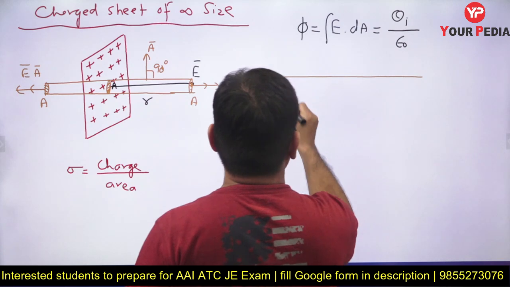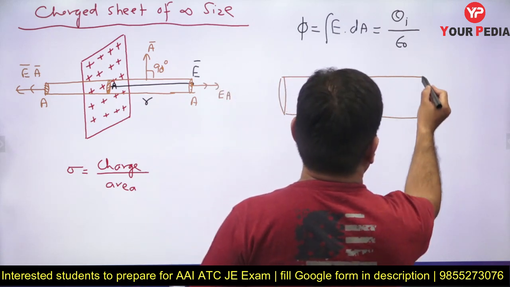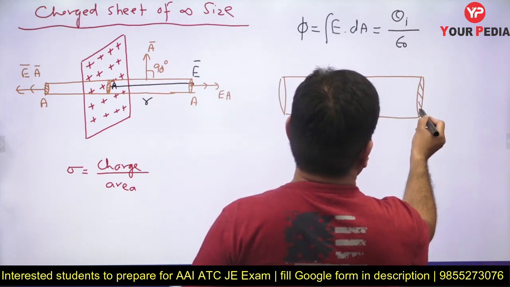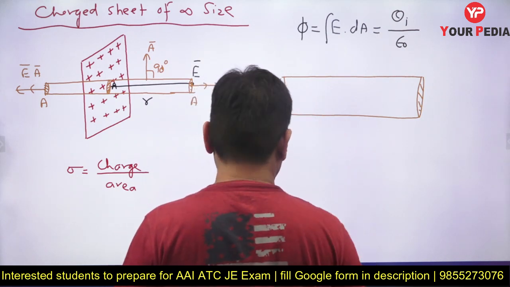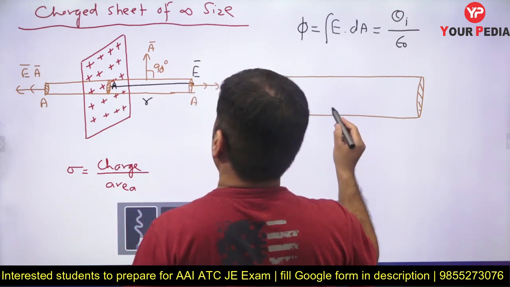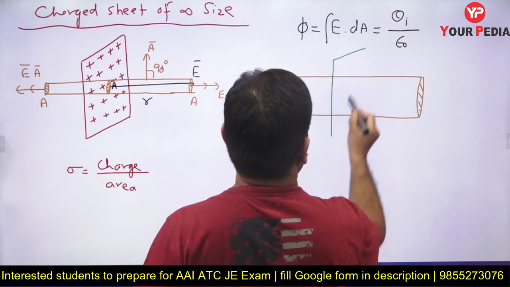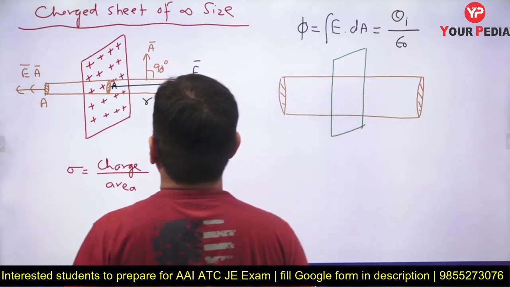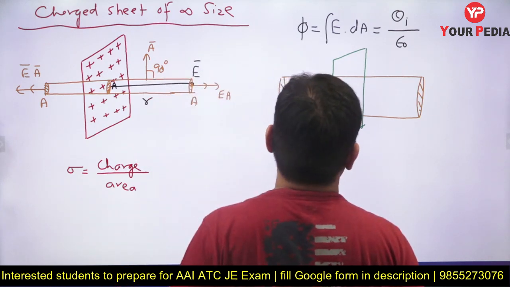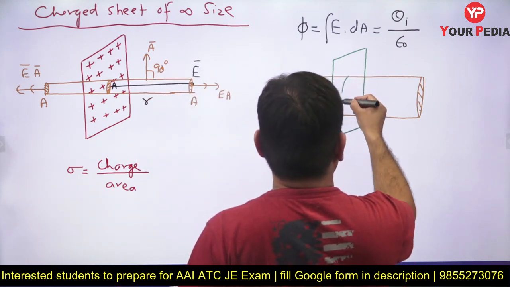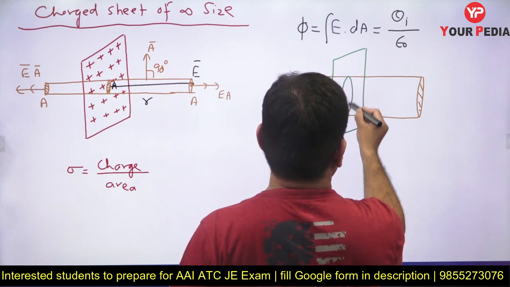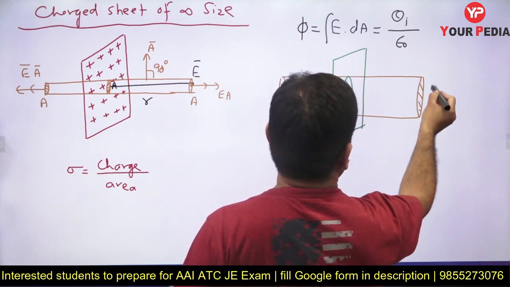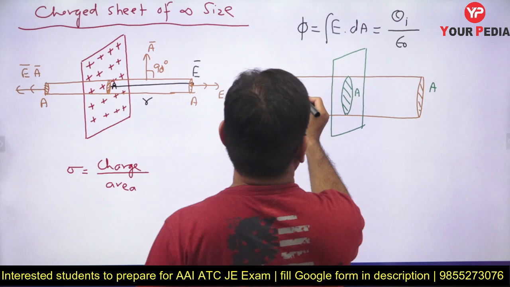This is the Gaussian surface I have taken, and it contains this particular sheet. Let us say this is the sheet provided, and this Gaussian surface is cutting this part of the sheet. Let us say this is the area A.